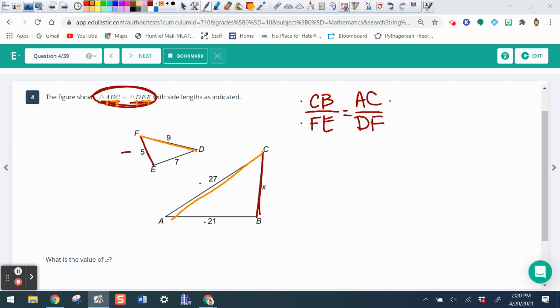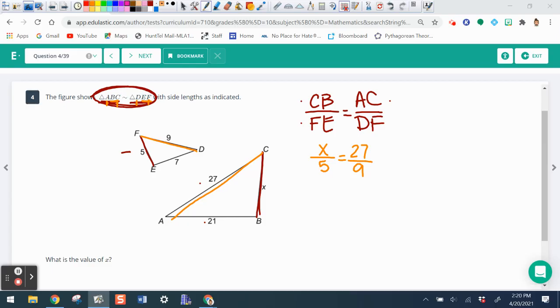Now I'm going to replace my segments with known values. CB we're going to replace with x, FE with 5, AC with 27, and DF with 9. Obviously, this is not the only route to take here. There are many other proportions you could have written, but this is the set that I chose.